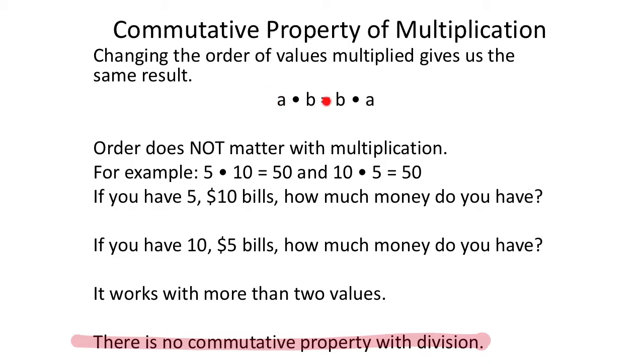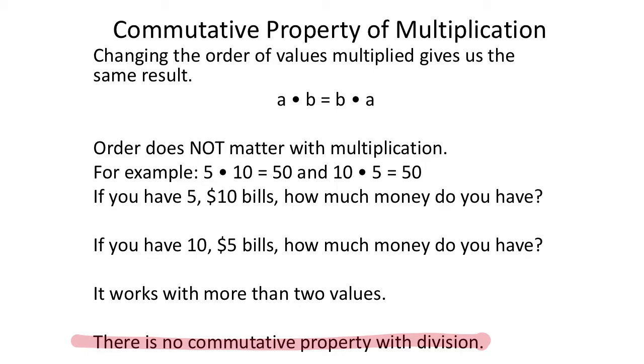So right here, and it would work for more than 2 values, by the way, A times B, we switch the order to B times A. That's all. And if it had a third value over here, it doesn't matter how you mix it up. As long as it's mixed up, then you would say that you're using the commutative property.